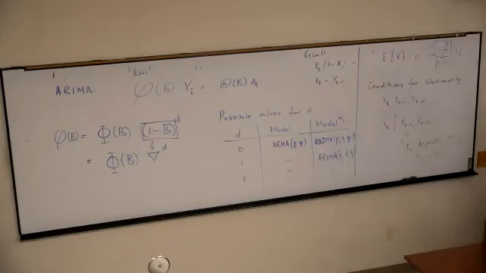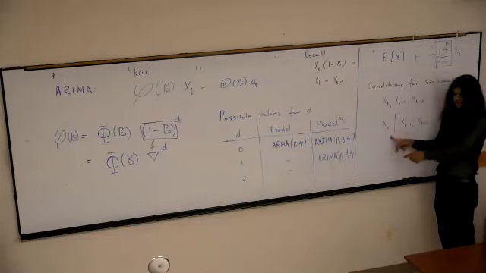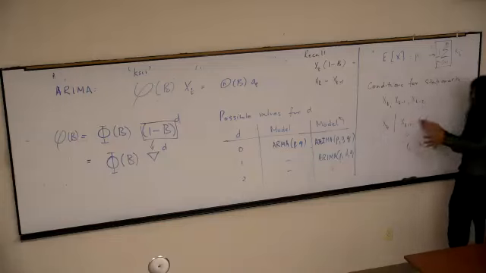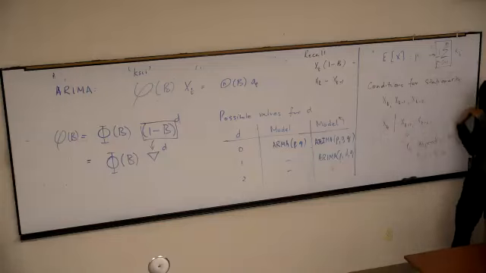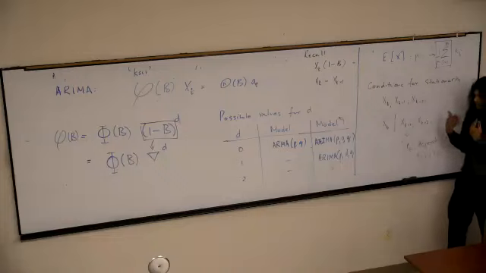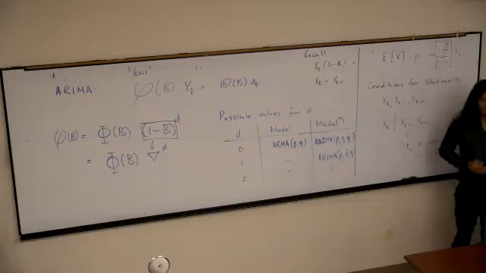People who took 3162, what does that remind you of? So probability of Xt is going to depend on all previous values, right? That is simply a conditional probability.